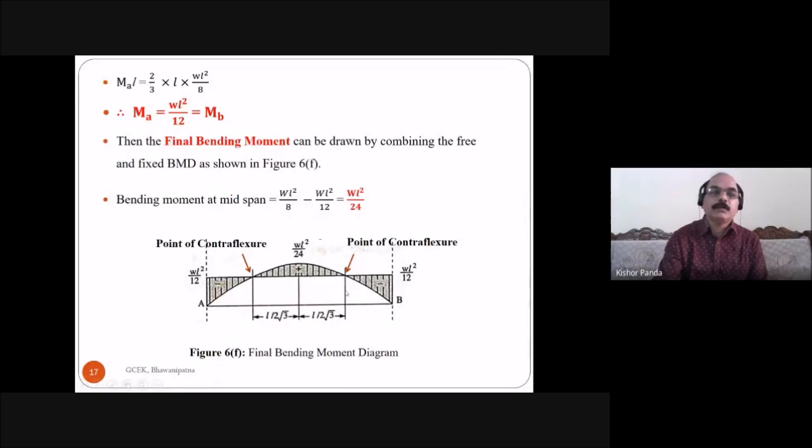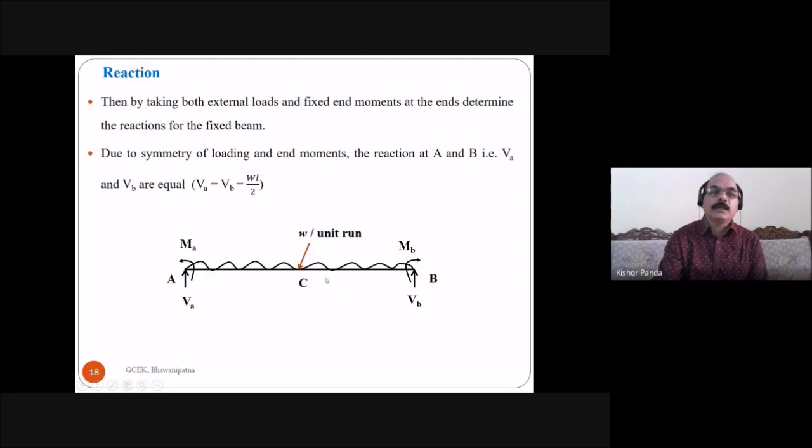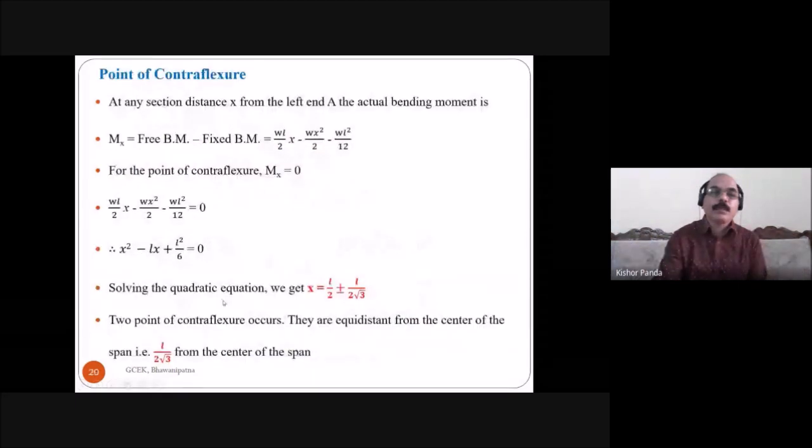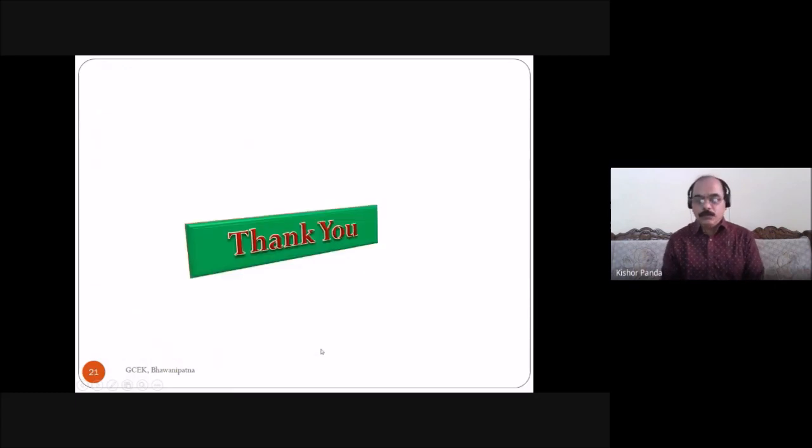You find it by taking the moment at a distance x from the support B and equating the moment to 0. The two points of contraflexure are equidistant from the center of the span, that is L by 2 root 3 from the center. Now you are clear how to solve the fixed beam when there is a concentrated load at the midpoint of the fixed beam or a uniformly distributed load throughout the span.